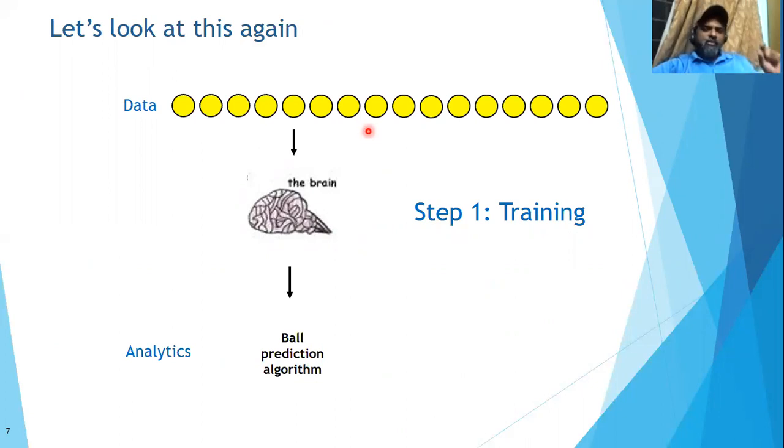Well, let's take a look at it from a different angle. What we saw is how a brain uses information when we see. What we did not talk about is the tons and tons of balls that tennis players hit to train themselves, to train their brain as to where the ball will be, to develop a prediction algorithm for the ball.